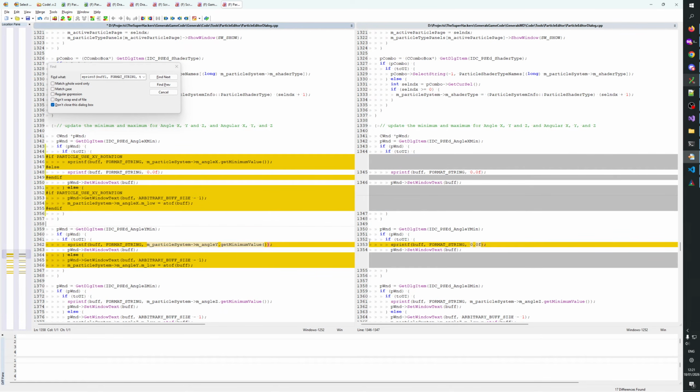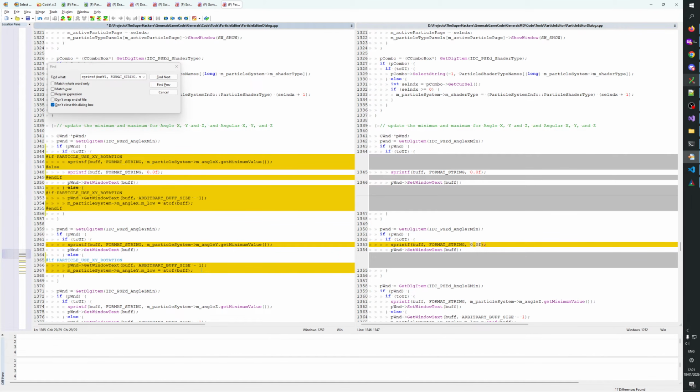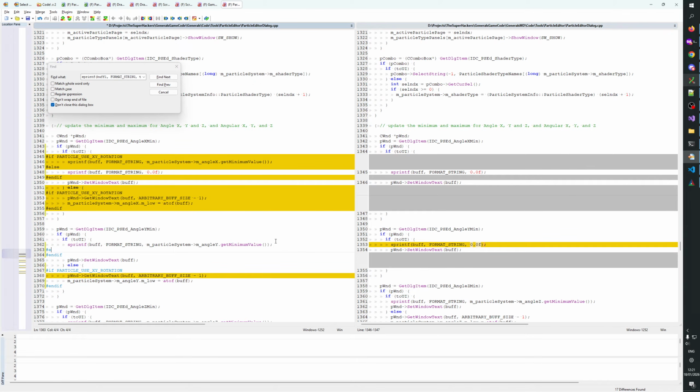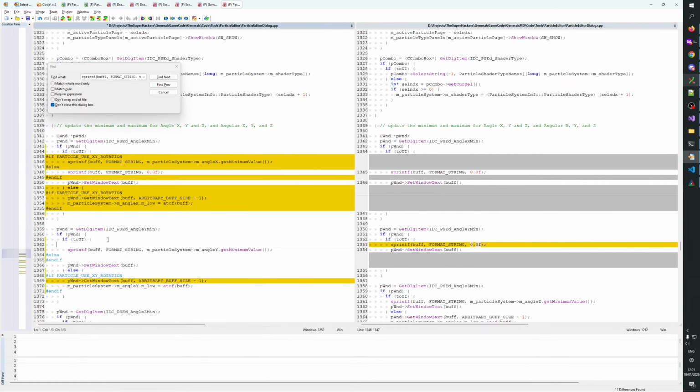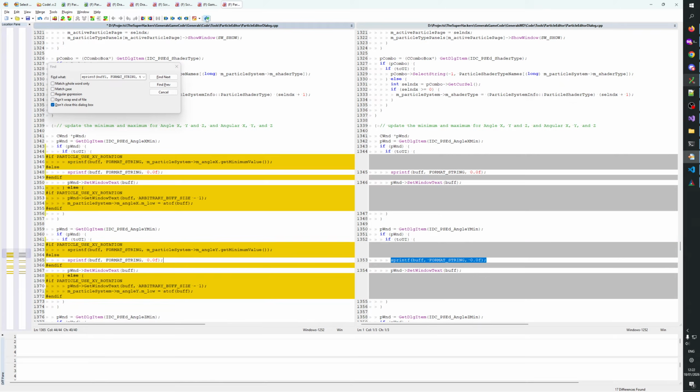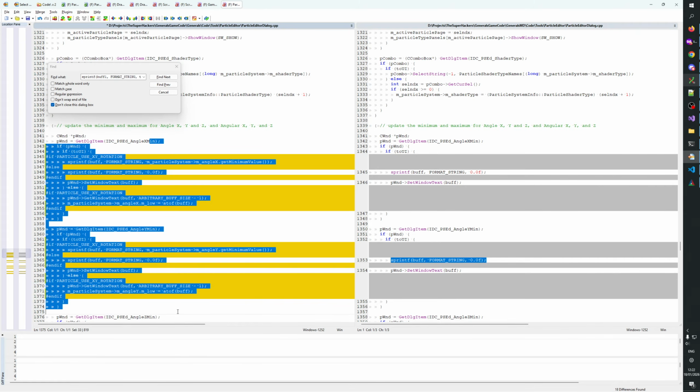Good, then we would do the same down here. So do this, and if, else. There we go, and then we take this guy and put it down here. Okay, let's see. Yep, that looks good.